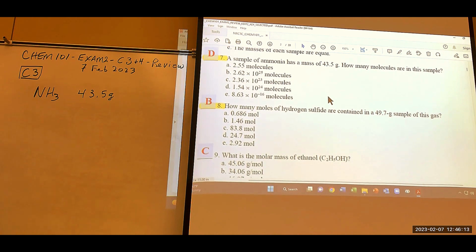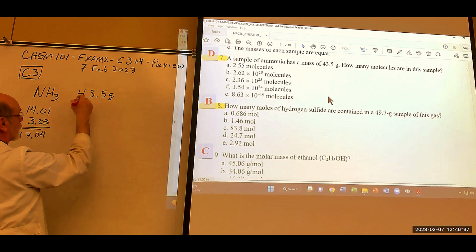Can you see it from over there? 14. Okay, we'll round it off to 2 places. 14.01 for nitrogen. And then each hydrogen is 1.01. So altogether that's 3.03, right? We can do that one in our heads. 17.04.